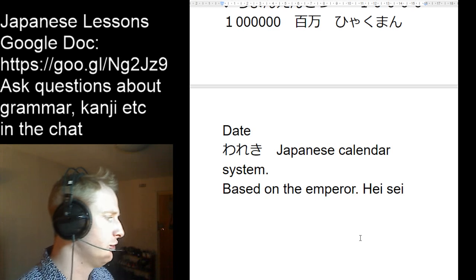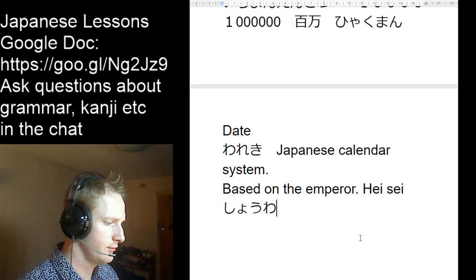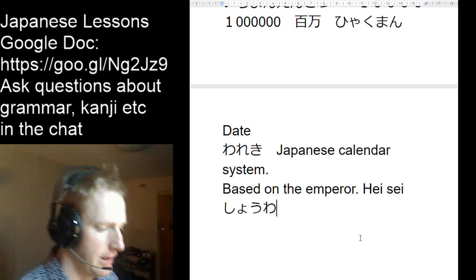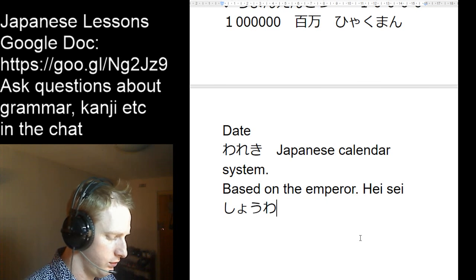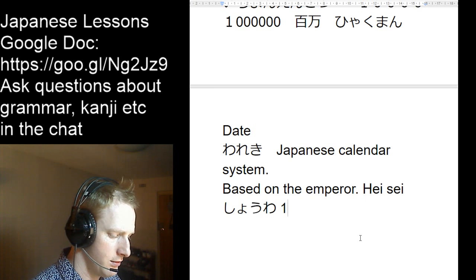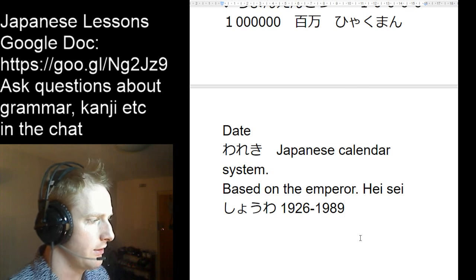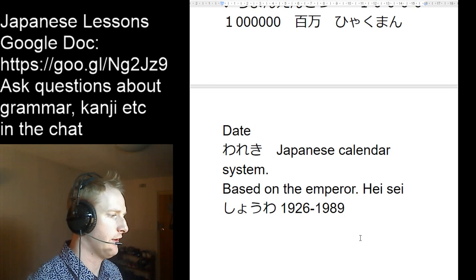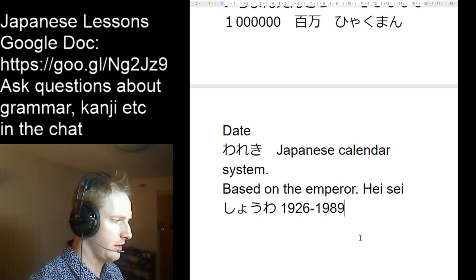Before that, it was Showa. And Showa was from 1926, I think, to 1989. Alright, this is the Showa era. So when that finished, then the next era started, okay? So we're about, I really should just look it up.